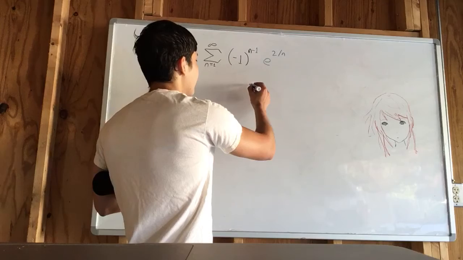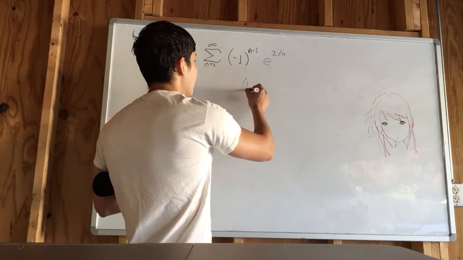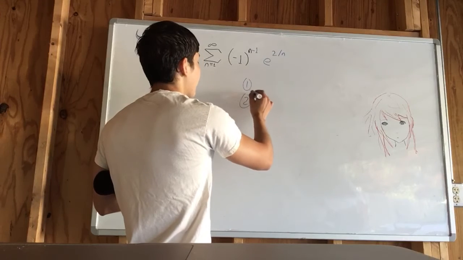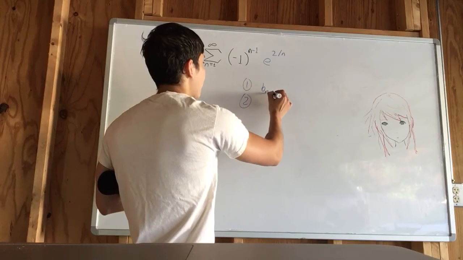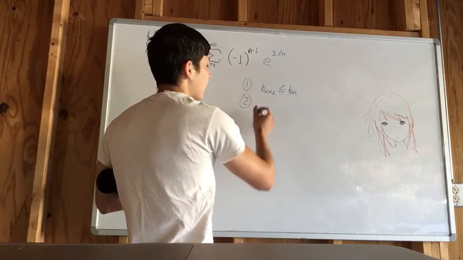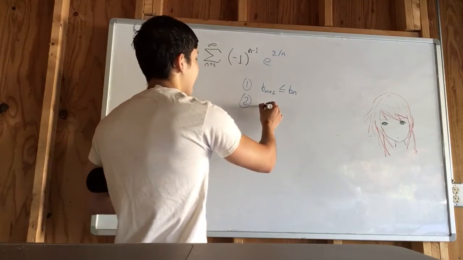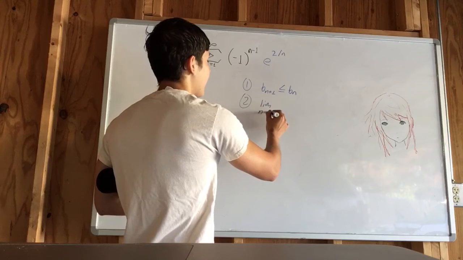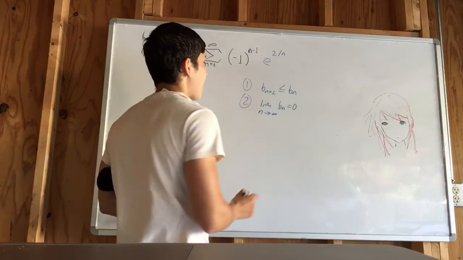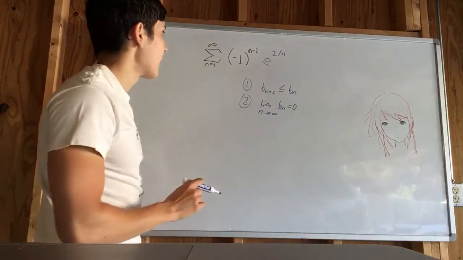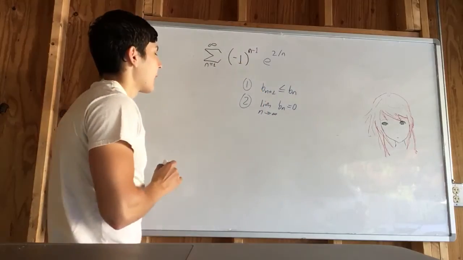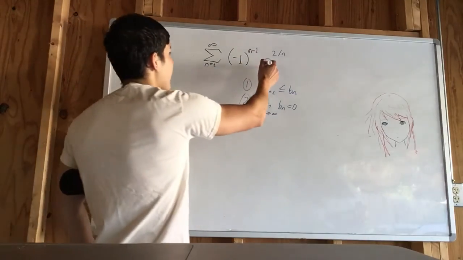With the alternating series test, you have to meet two conditions. The first one is that b sub n plus 1 is less than or equal to b sub n. Your second condition is that the limit as n approaches infinity of b sub n is equal to 0. So with our first condition, we plug in n plus 1 wherever we have an n for b sub n.